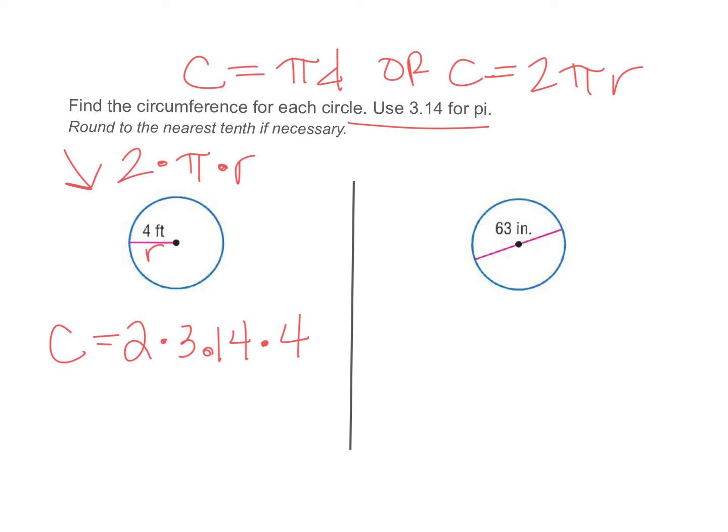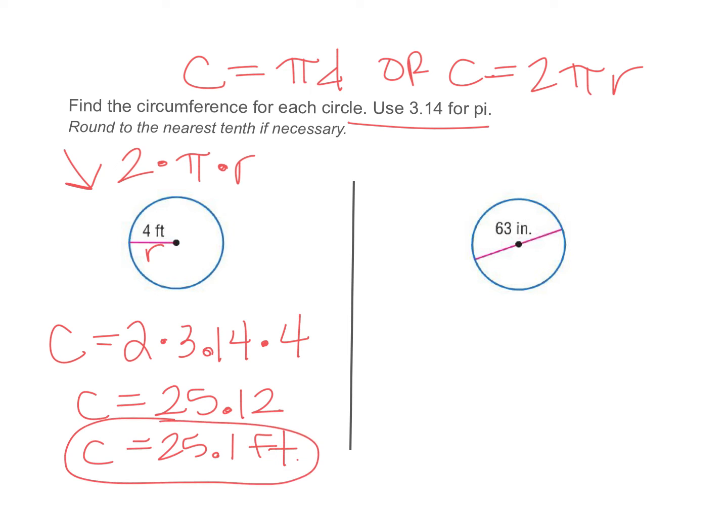I know 2 times 4 is 8, so I'm going to do 8 times 3.14, or I can really just type in 2 times 3.14 times 4, and I will get circumference equals 25.12. It says round to the nearest tenth, so we're going to do C equals 25.1 feet. Circumference is like perimeter, so we don't make the label squared, we just leave the label as it is.